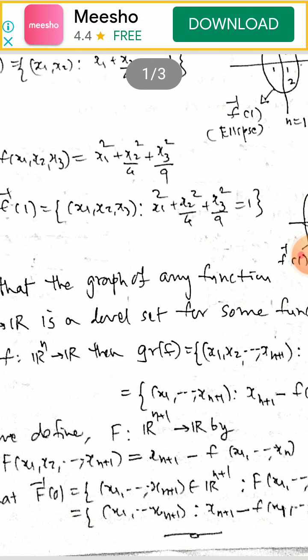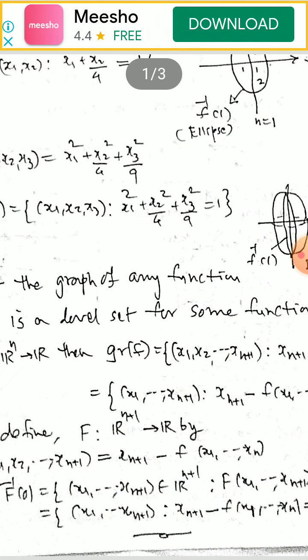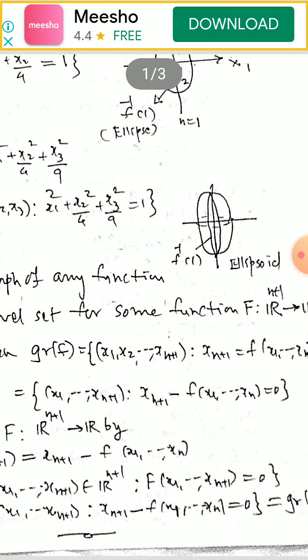So F inverse 0 will be the set of all (x1, x2, ..., xn+1) belonging to Rn+1 such that F(x1, x2, ..., xn+1) is equal to 0, which is the set of all (x1, x2, ..., xn+1) where xn+1 minus small f(x1, x2, ..., xn) is equal to 0.